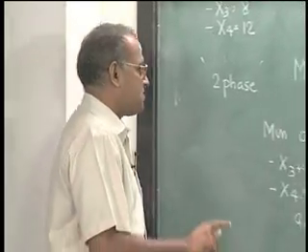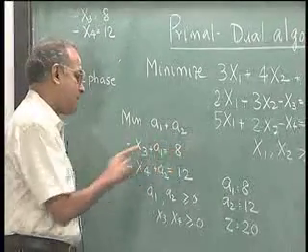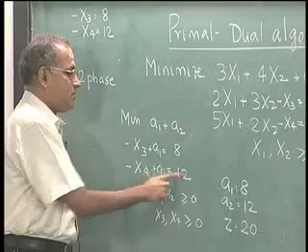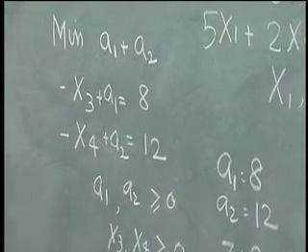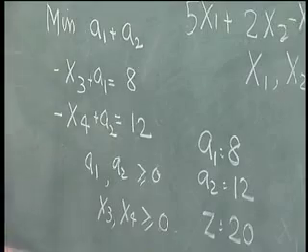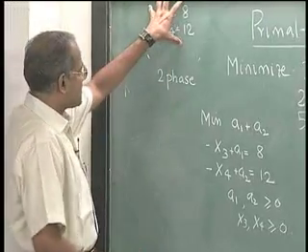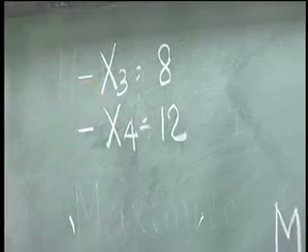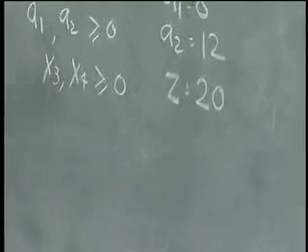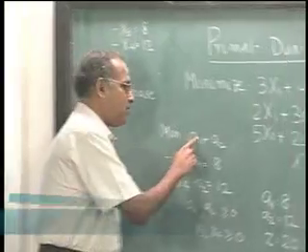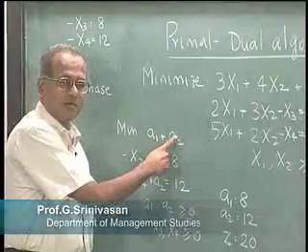So, what we do is we rewrite this as minus x3 plus a1 equal to 8, minus x4 plus a2 equal to 12, a1 a2 greater than or equal to 0, x3 x4 greater than or equal to 0, and we minimize a1 plus a2. So, if this system has a solution also satisfying x3 x4 greater than or equal to 0, then it will automatically force a1 a2 to 0 and give us a solution with z equal to 0.